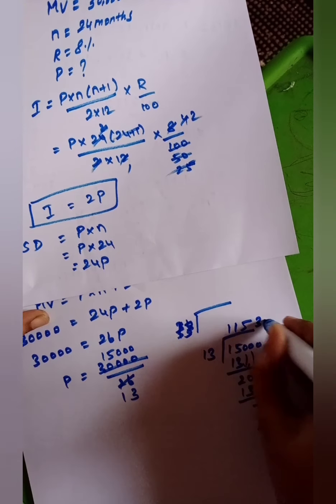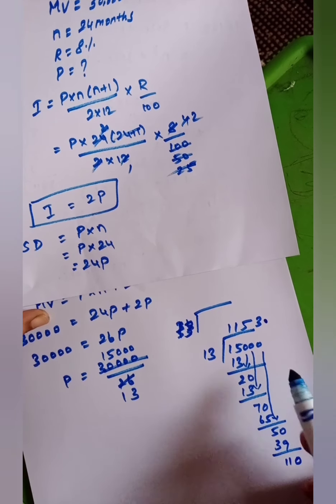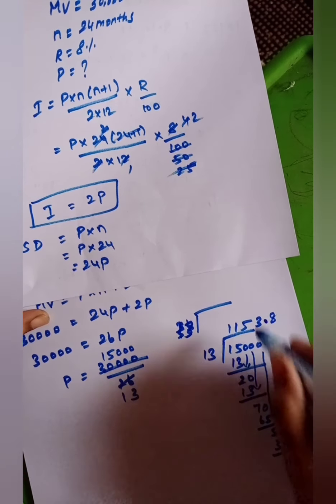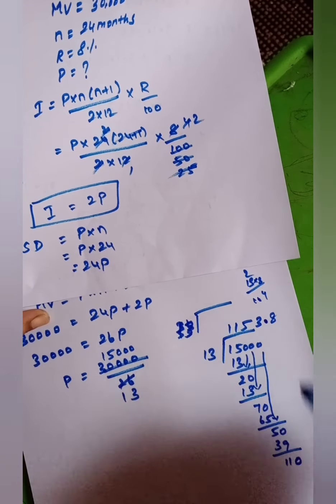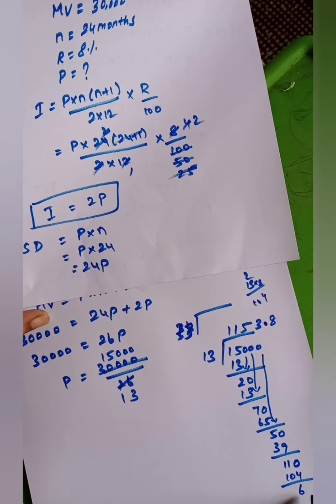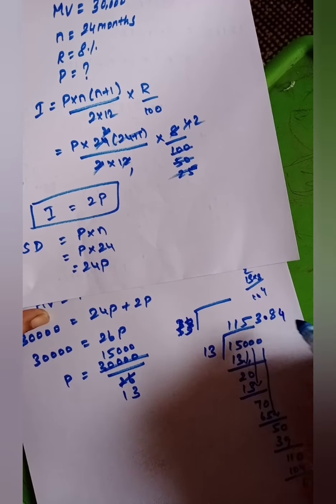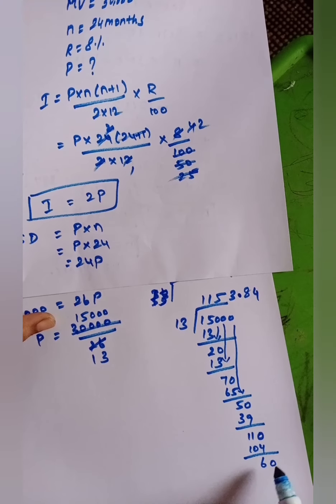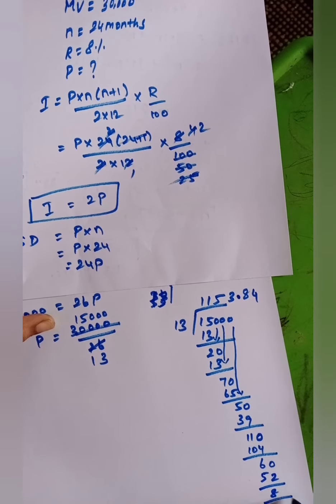We have to go with the decimal now. So 13 8s are 104, and remaining will be 6, and again another 0, that is 13 4s are 52, remaining will be 8.